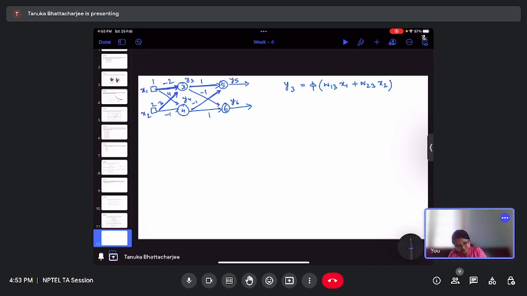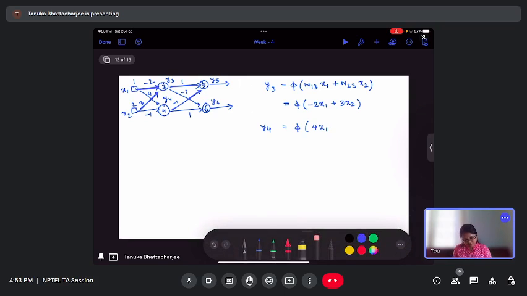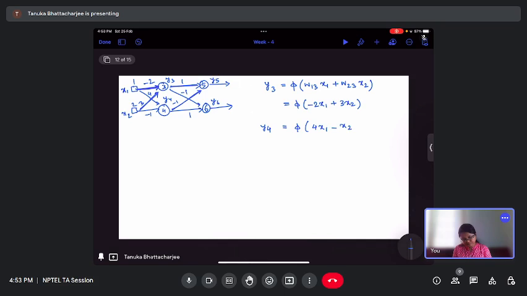So, this is basically minus 2x1 plus 3x2, that is the output y3. Similarly, you can have y4. x1 is connected through the weight 4, so 4x1, plus x2 is connected through the weight minus 1, so minus x2. That is your output y4.